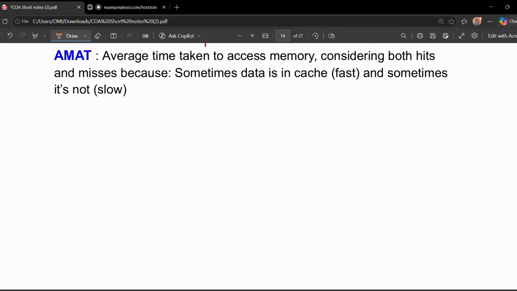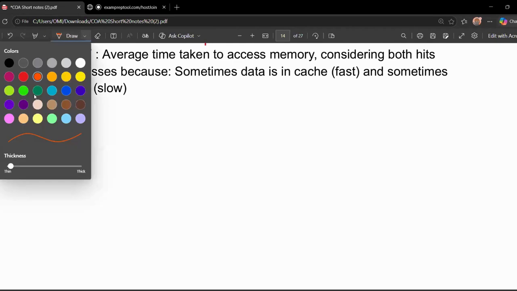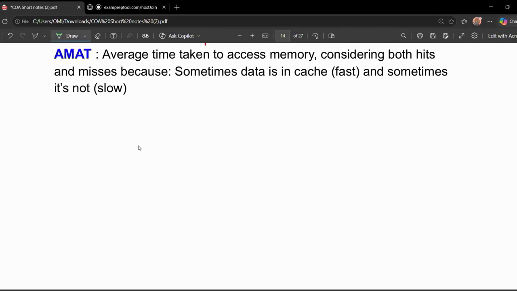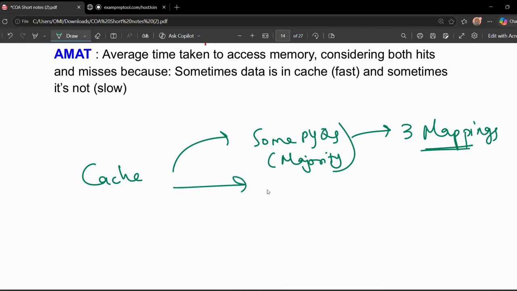So now we will see average memory access time. In the cache, some PYQs, the majority of PYQs are from the three mappings. That's why I have spent too much time on the three mappings. Then there are many other topics like average memory access time, and so on.